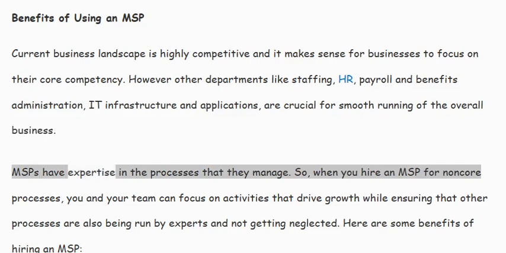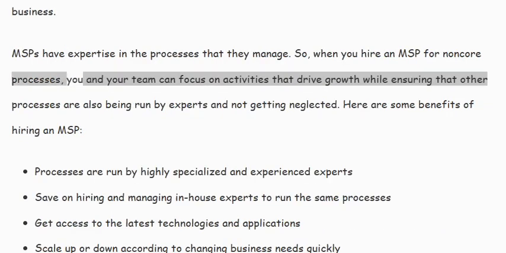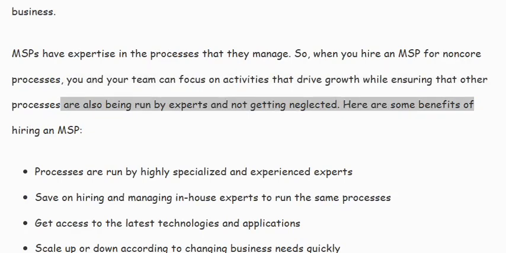MSPs have expertise in the processes that they manage. So, when you hire an MSP for non-core processes, you and your team can focus on activities that drive growth while ensuring that other processes are also being run by experts and not getting neglected.